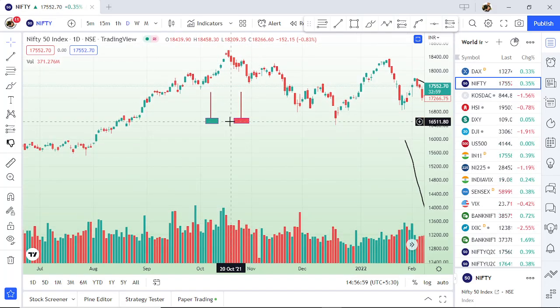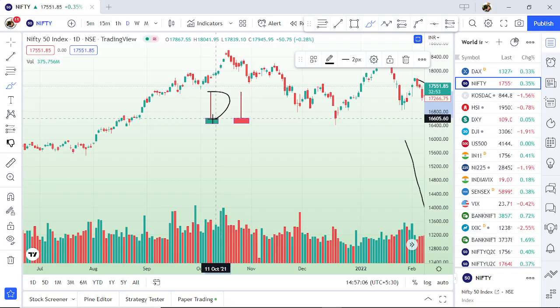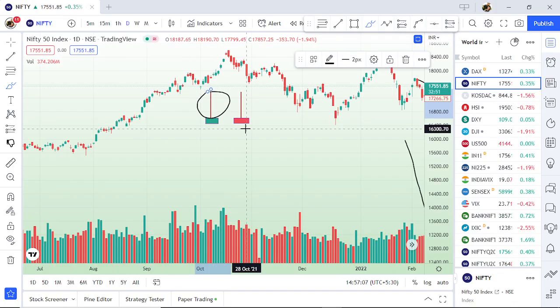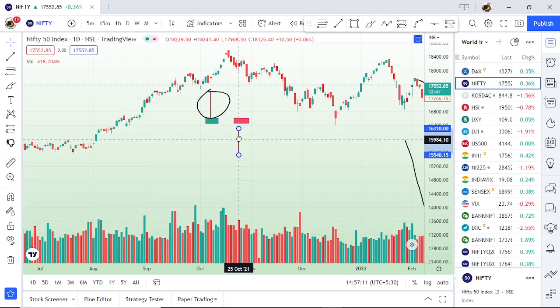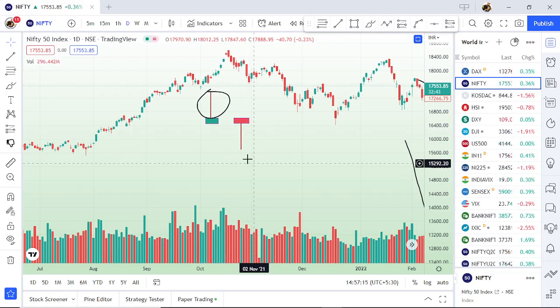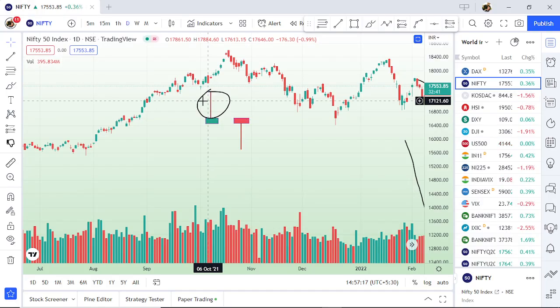So in an uptrend, whether it be red or green, what does this wick indicate? In a downtrend, a hammer wick indicates buying pressure. In an uptrend, this wick indicates selling pressure.